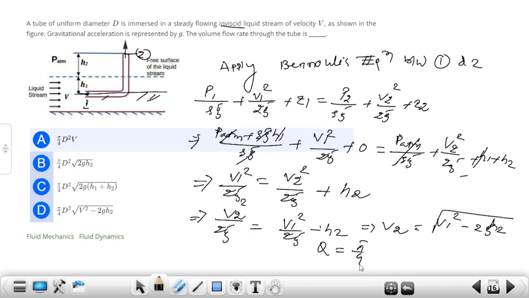Area is pi by 4 d square, and V2 is root over V1 square minus 2g H2. So the answer will be pi by 4 d square root over V square minus 2g H2, where V1 is equal to V. Option D is the correct answer.